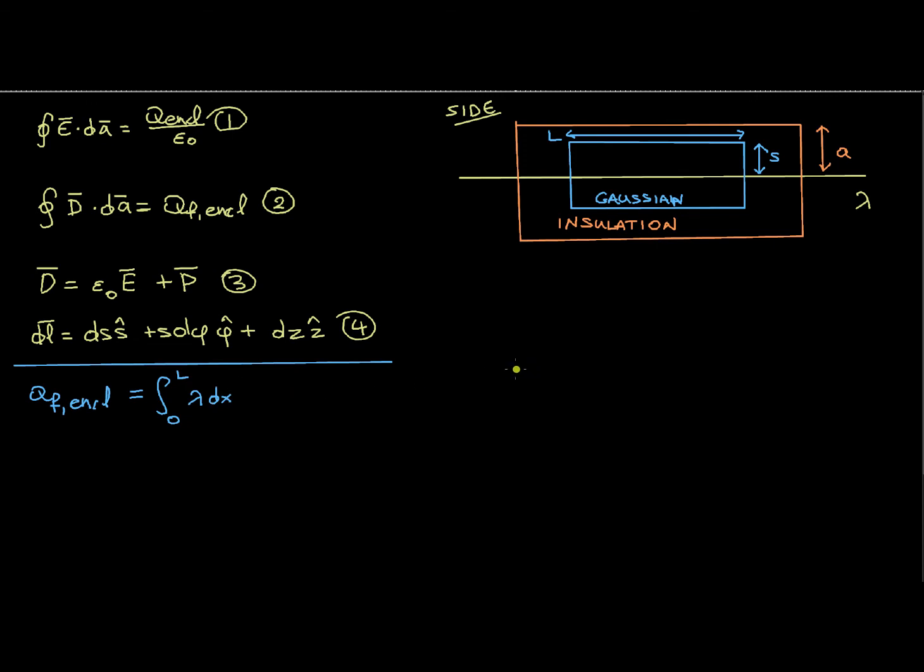One thing that I can do is choose my coordinate system. Since I'm going from 0 to L, let's place the 0 of my coordinate system here. Since I'm going to use notation consistent with my cylindrical coordinate system, I'm going to set the z-axis here, and then from here to here will be my s.